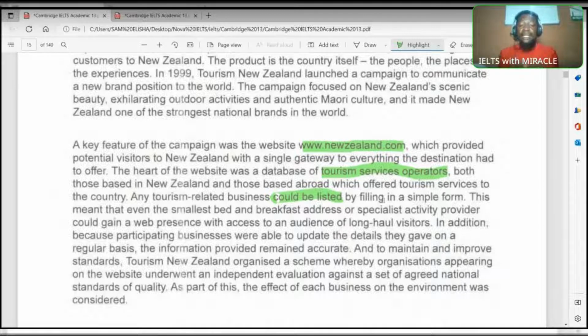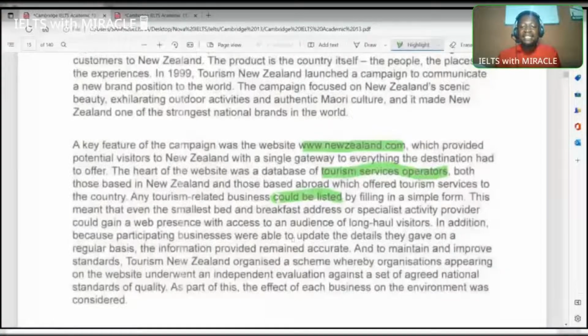Now, if you read further, they say this meant that even the smallest bed and breakfast address or specialty activity could gain a web presence with access to an audience of long-haul visitors. In addition, because participating businesses were able to update, so you see, here they tell us that they are able to update the details they gave.